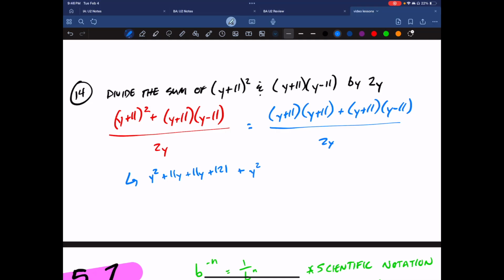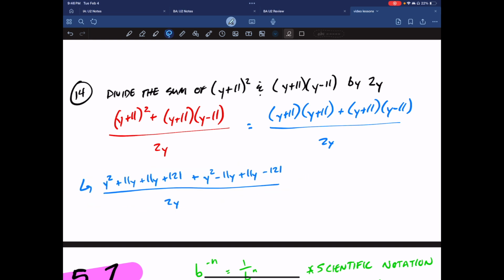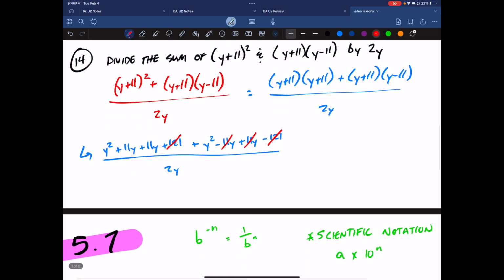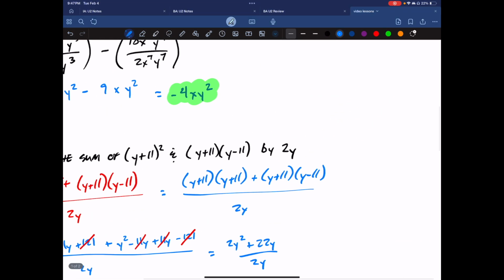Plus we have y squared minus 11y plus 11y minus 121. All this is over 2y. And you'll notice that I have a negative 121 and a positive 121. I have a negative 11y and a positive 11y. Everything else looks the same. That's going to be 2y squared plus 22y all over 2y.